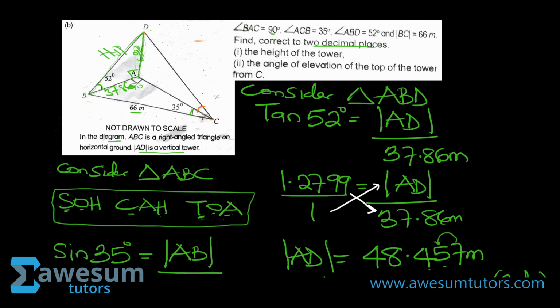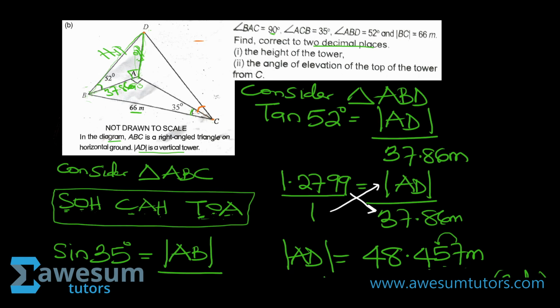Take note that ABC is flat on the ground, and somebody is looking at the top. So the angle of elevation is going to be right here.